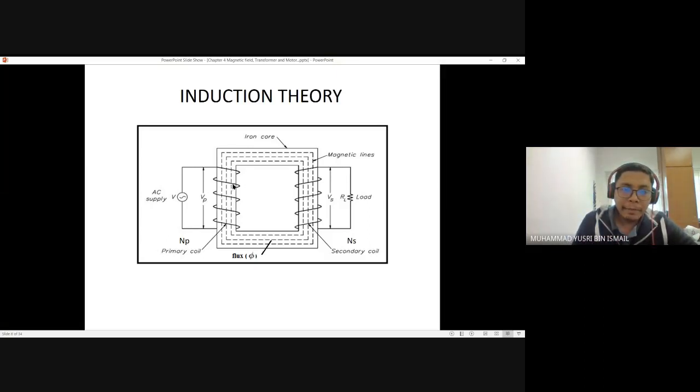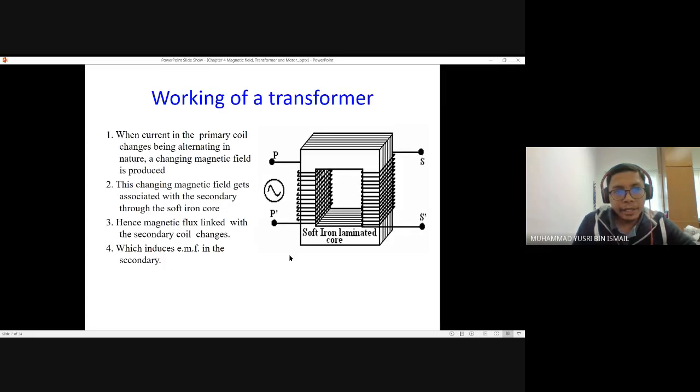Once the current is flowing at the coil, it will produce a magnetic flux. This magnetic flux will convert all the power and voltage.